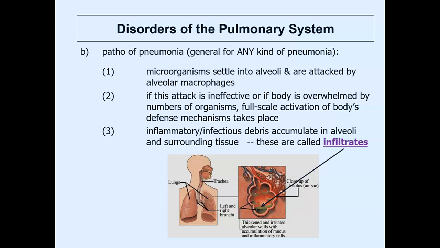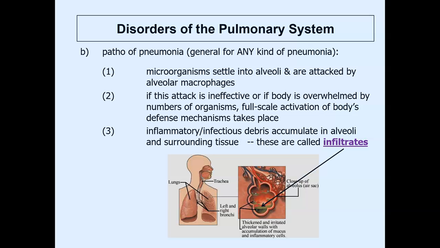And as these alveolar macrophages attack, they will do a couple of things. They will either activate the systemic inflammatory response, or they'll take care of it at a local level and deal with the problem. But as these macrophages eat whatever is in the alveoli or in the lower respiratory tract that's not supposed to be there, they will create inflammatory and infectious debris.